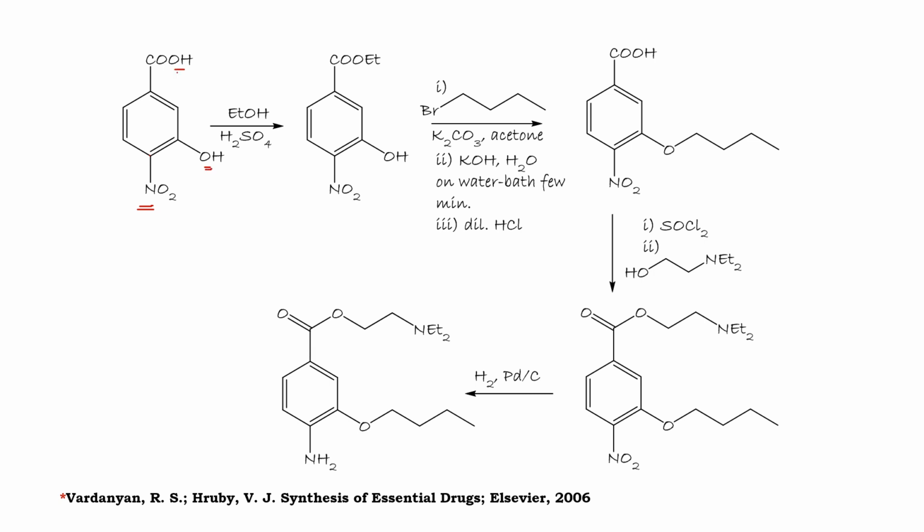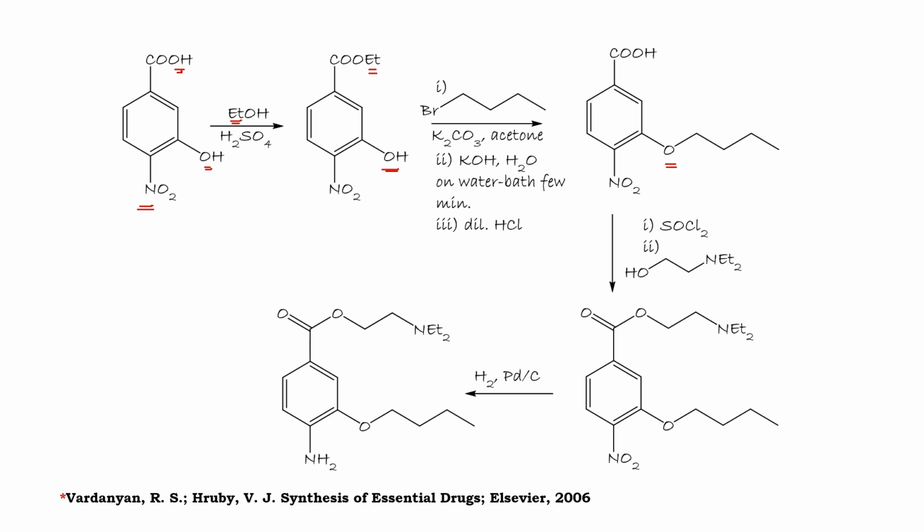Now we protect the COOH group by transferring it with ethanol sulfuric to an ester. Now all what we need now, transfer this OH to the ether.